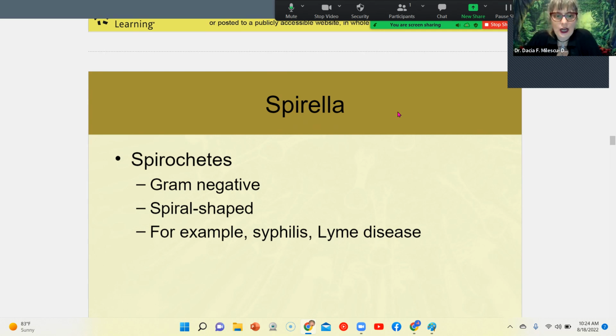They're spiral-shaped. Examples of that are the disease syphilis and Lyme disease, which is caused by Borrelia burgdorferi, a bacteria transmitted through a tick biting a human, and the tick comes from a vector, the deer.